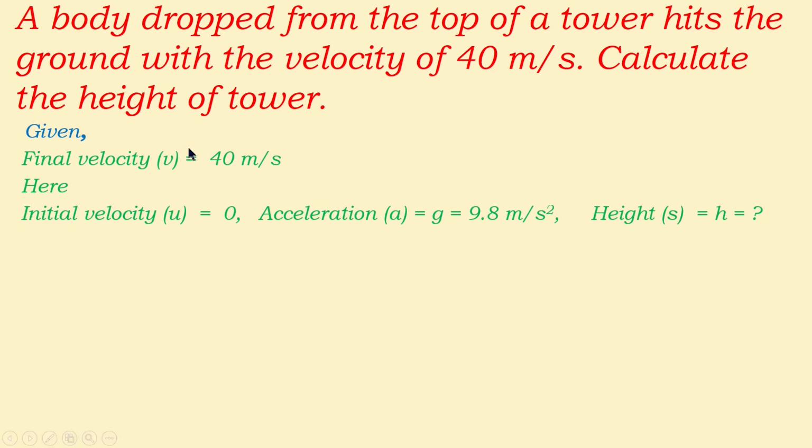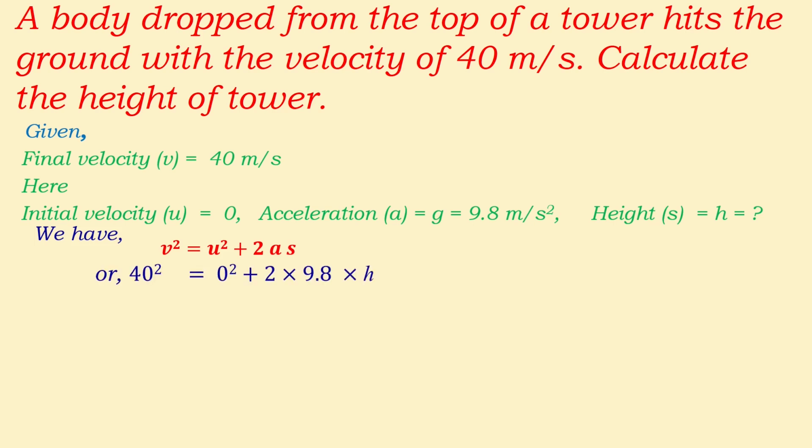Now check it out. Here we have v, u, a and s. In the same equation, we have v square equal to u square plus 2as. When we take the values, v is 40, 40 square, u is 0, 0 square, and a is 9.8, and s we can write as h. Now 40 square is 1600, 0 square is 0, it doesn't have any meaning. 9.8 into 2 equal to 19.6 into h.